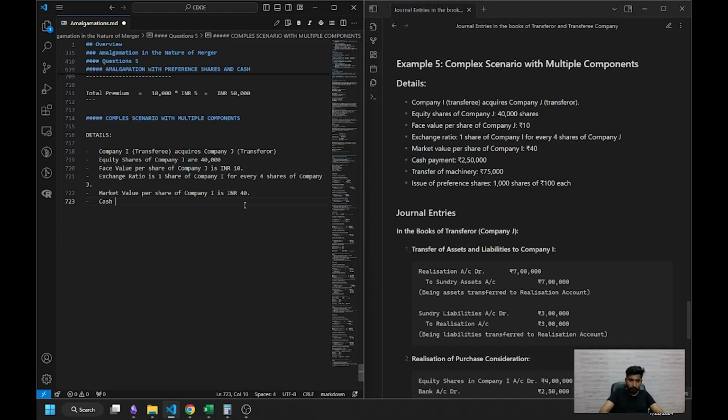Cash payment is to be made of rupees 2,50,000. Transfer of the machinery is rupees 75,000. And the issue of preference shares is 1,000 shares of rupees 100 each.